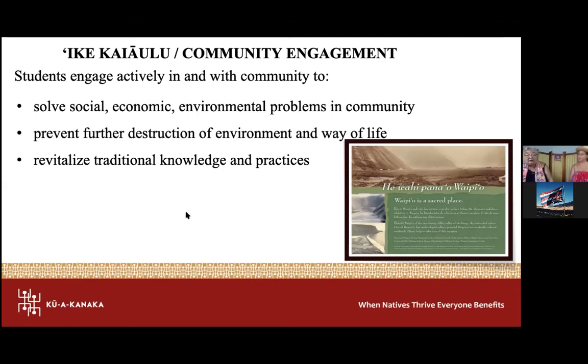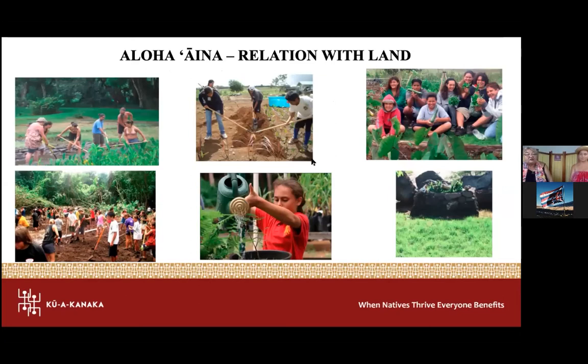Our environment and our way of life are in danger, and this is one way, by working with the community, that we can engage and protect those things that are important to us, and at the same time revitalize our Ike Hawaii and the practices and traditions of our kūpuna. It's so important that our students develop a strong relation with the land, and that is something that makes sense to them.